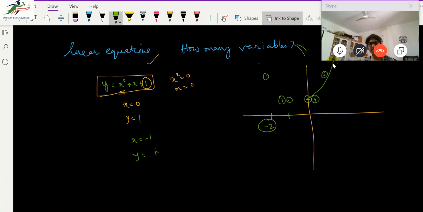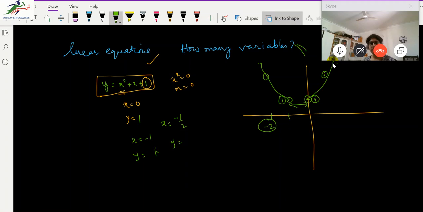What happens in between these two? We can understand that the graph will go like this, but something is happening in between. So take a negative fraction, half. So x equal to minus half.